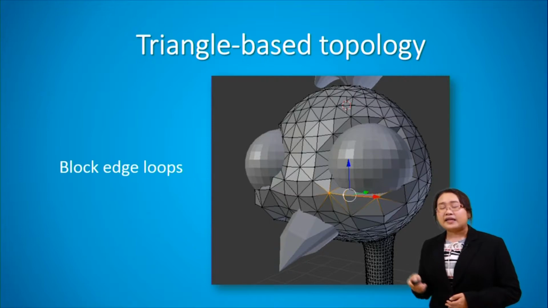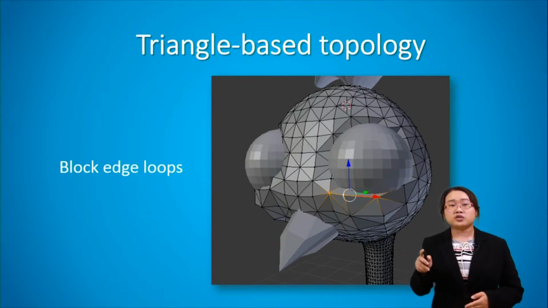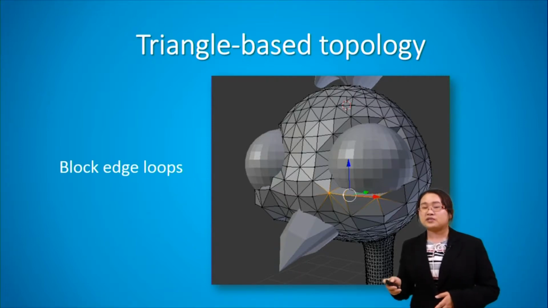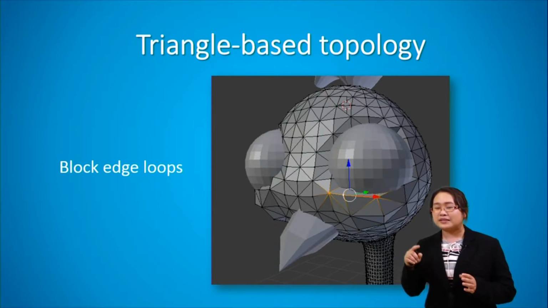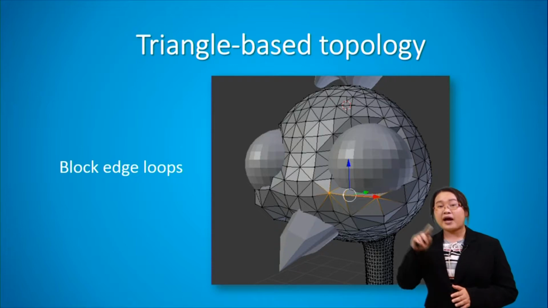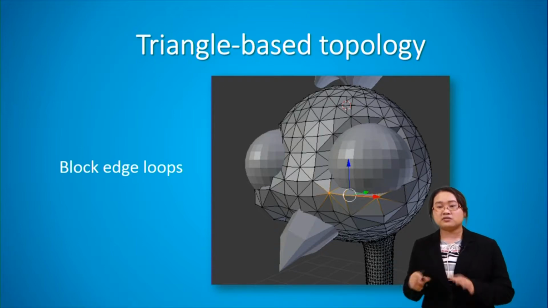Not only that, triangular-based topology also blocks the edge loops. If you remember edge loops and edge rings, we use these a lot to find the loop around the mesh, and you will use it later for animation, scaling, changing size, and whatever.